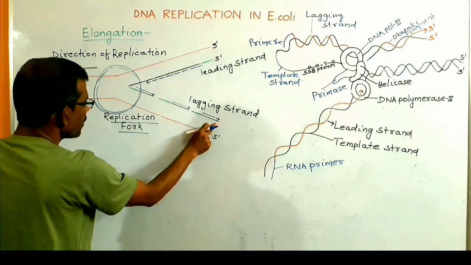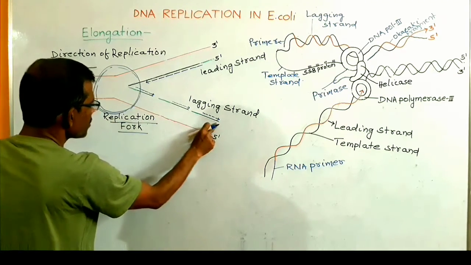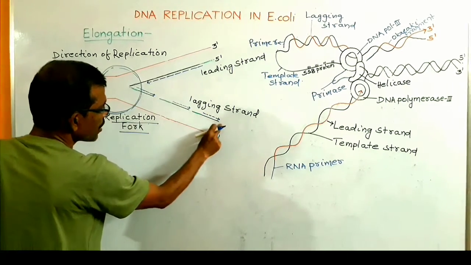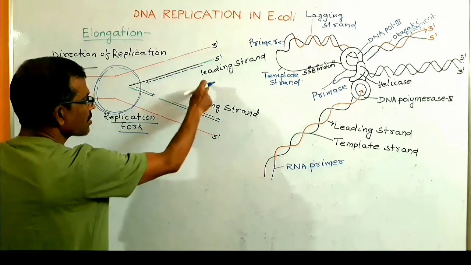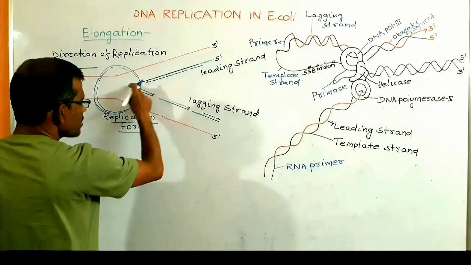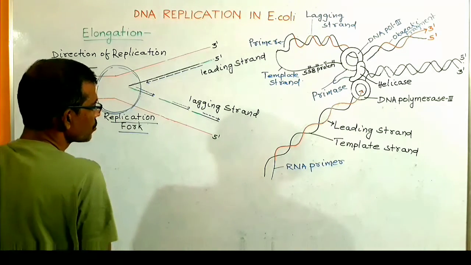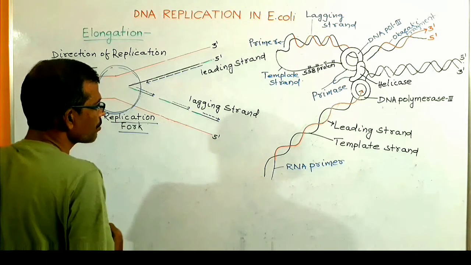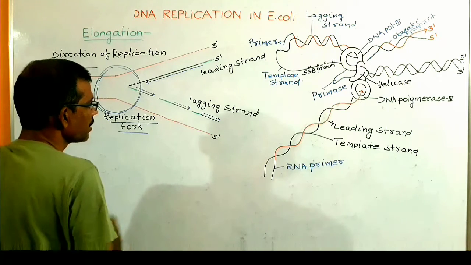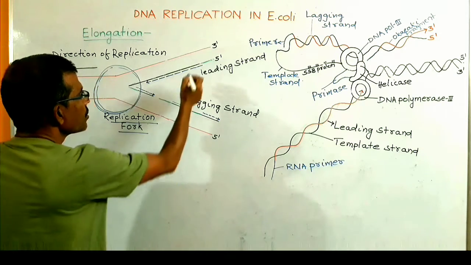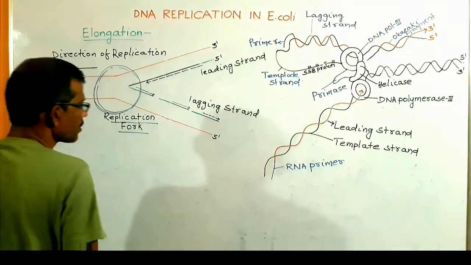Opposite direction means this strand is also synthesized in 5' to 3' direction. So one strand is synthesized in this direction and this strand is synthesized in that direction. So how is DNA polymerase 3 coordinating the synthesis of these two new complementary strands?